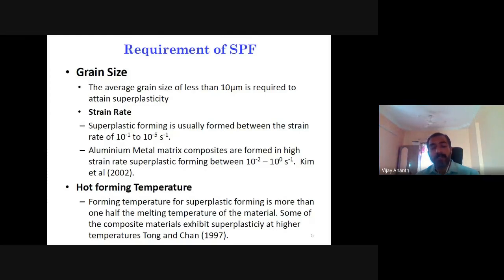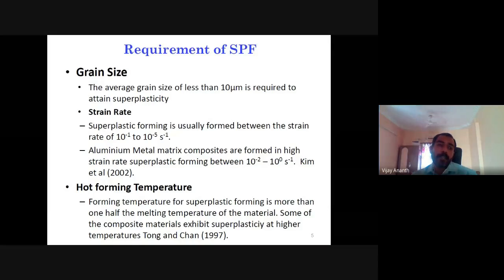But at the same time, we are coming to metal matrix composites. Composite materials also can be formed through superplastic forming. The strain rate will be 10 to the power of -2 to 10 to the power of 0. So it is somewhat faster than that, because in aluminum metal matrix composites we have the matrix as well as reinforcement particles. And again, these reinforcement particles may disturb the flowing of the grains.